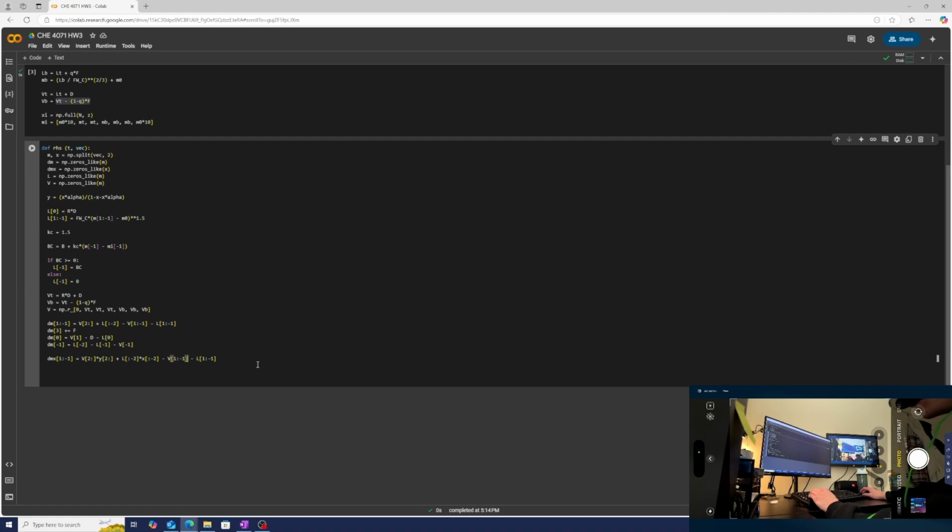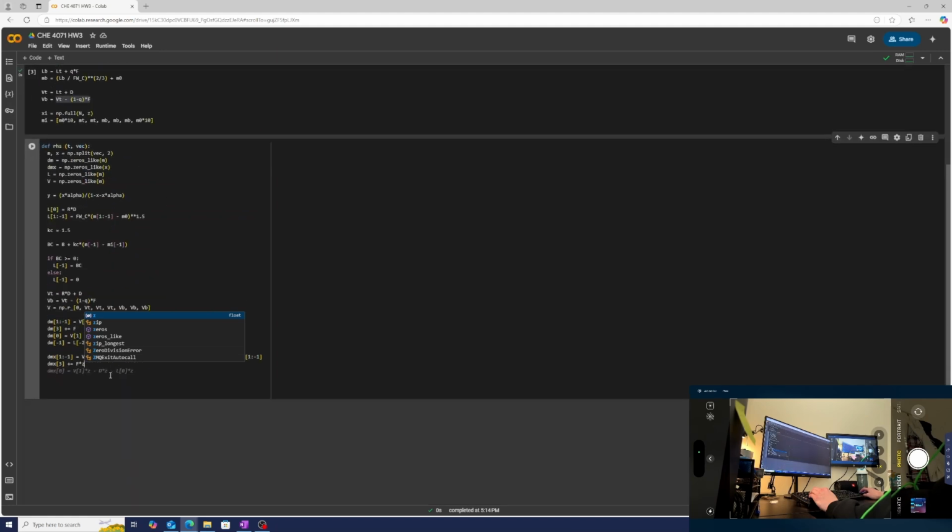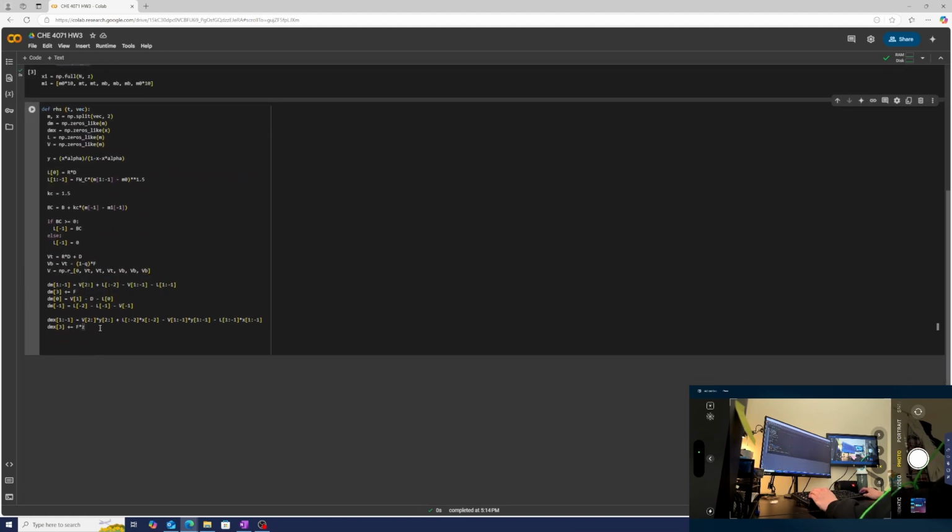Right here we need our Y's again, Y from 1 till our second to last. And then here we need our X's, 1 until second to last. So we move on to our DMX, our feed tray. This is going to be plus equals our feed times our initial mole composition fractions. So I think that's all we need to do there.